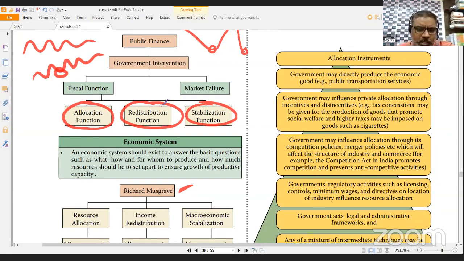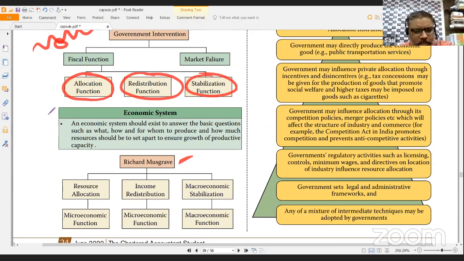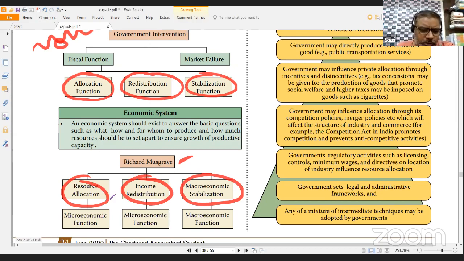Society has some rules, laws, regulations, and who has to ensure these are all fulfilled? Government. So government is given a responsibility by the people, irrespective of the type of government it might be. So it has some duties. What kind of duties? Resource allocation, redistribution, and stabilization function.